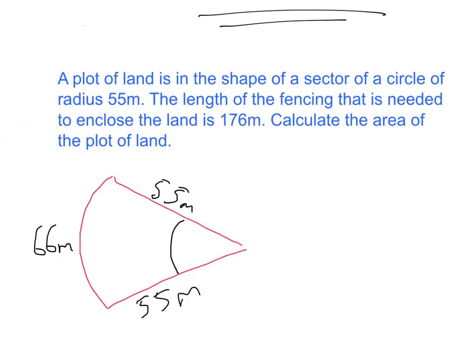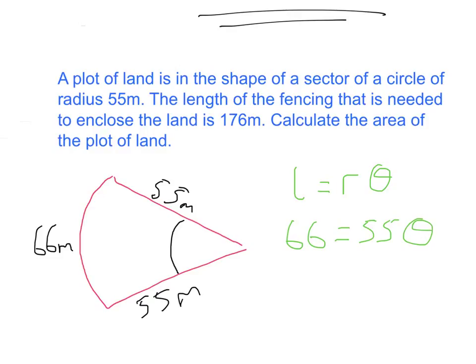So, we know our formula for our arc length, we've just applied it. Arc length L is equal to the radius times theta. Well, what do I know from that? I know my arc length, 66, is equal to 55 lots of theta.